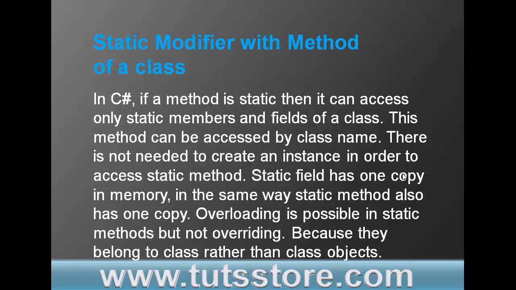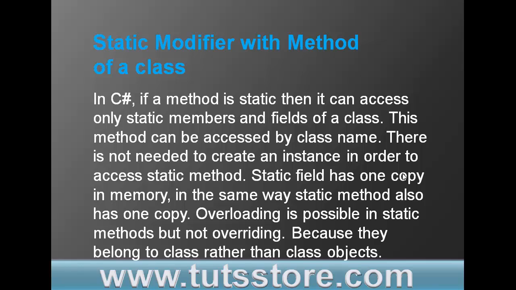Static modifier with a method of a class. In C Sharp, if a method is static, then it can access only static members and fields of a class. This method can be accessed by class name.